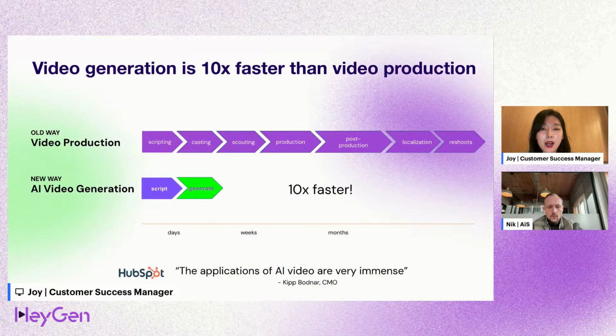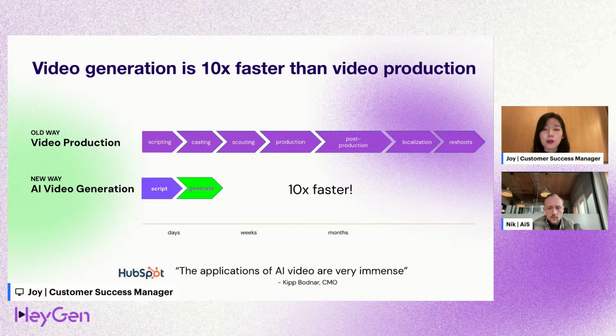We currently have 40,000 business customers, and we know video production is a very difficult task. It is very time consuming, and people usually need a professional crew and professional cameras to film videos. But how about we just generate everything using AI? I think that is the idea of HeyGen.